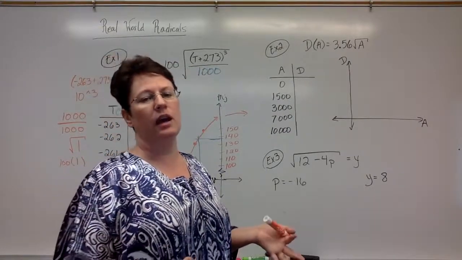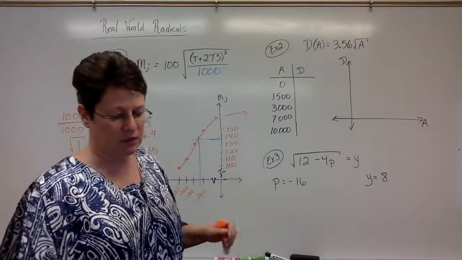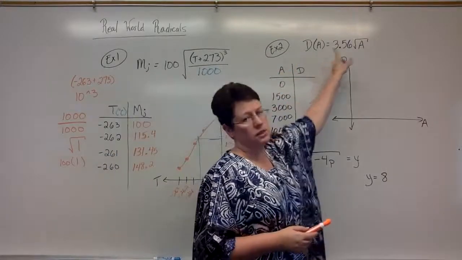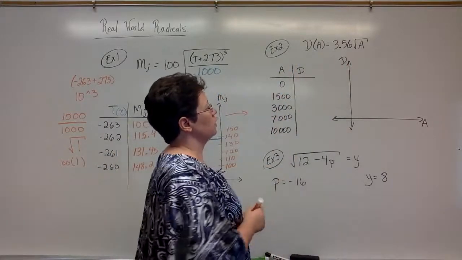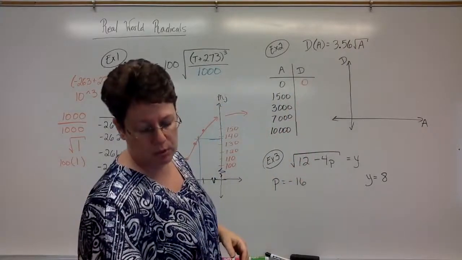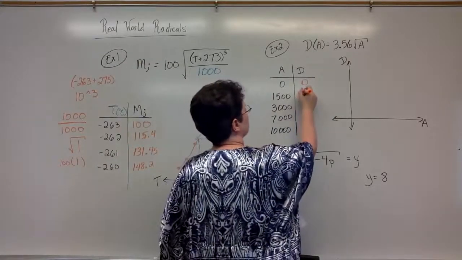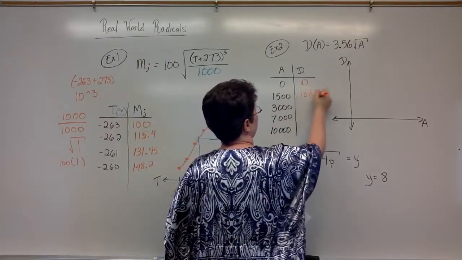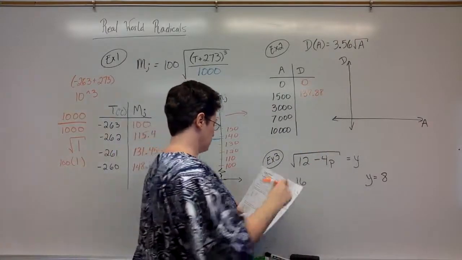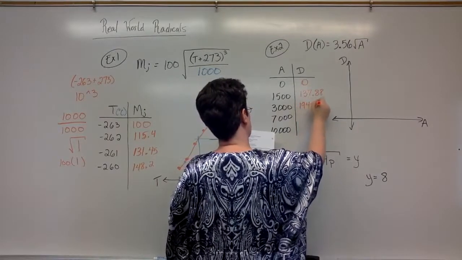Now, I really doubt that the guys are that bored in the cockpit that they're doing these numbers, but when they're in school, they definitely do these calculations. So all we're going to do is plug each one of these in. So 3.56 times the square root of 0, 0, right? 3.56 times the square root of 1,500 is 137.88. 3.56 times the square root of 3,000 is 194.99.